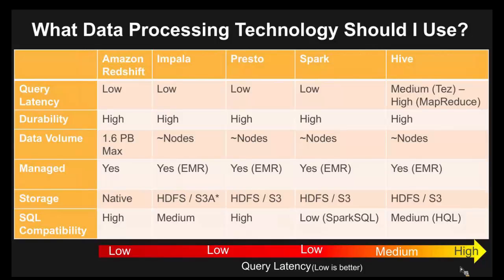So overall, if you're looking for low latency query processing, I would probably start with Amazon Redshift, and explore Impala or Spark if you're keen on using an open source system. Similarly, Hive has been tried and tested as the batch processing engine of choice. Hive with Tez speeds up Hive processing a lot. Tez is a new engine as well.